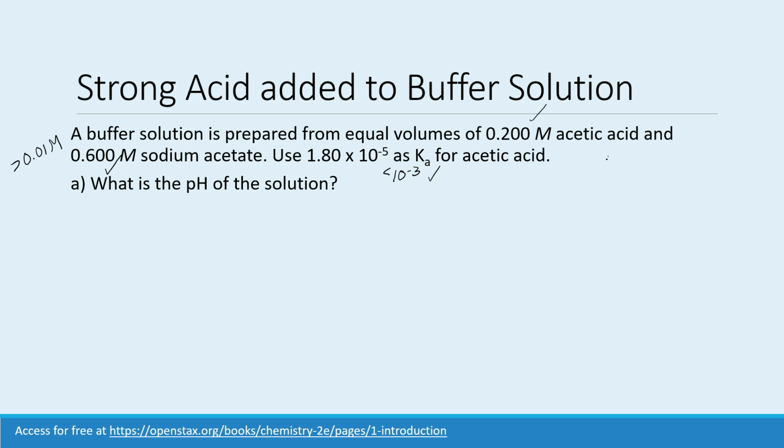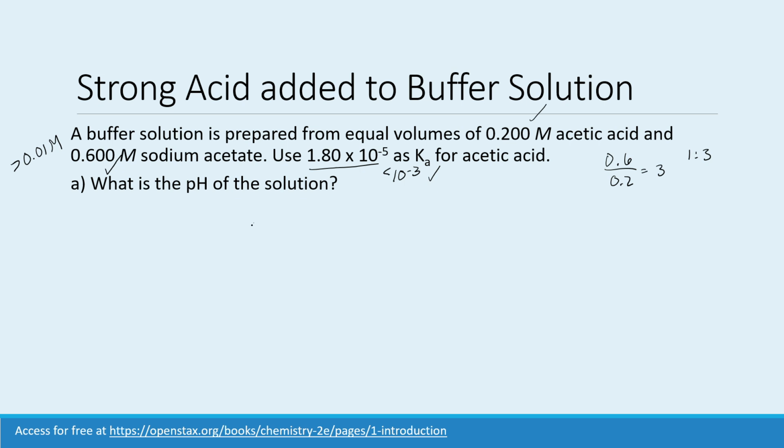And the ratio of the two, so if I take 0.6 divided by 0.2, I get a ratio of about 1 to 3. Okay, which is well within that 1 to 10 ratio range. So everything checks off.